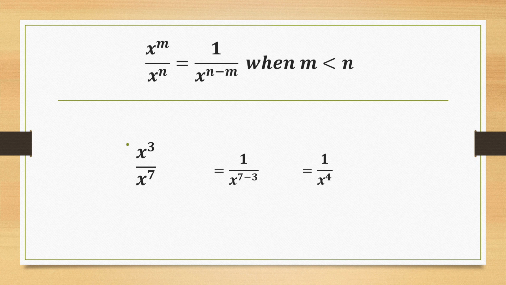The exponent of the numerator is less than that of the denominator, so we just simply do this. 1 over x raised to the power of 7 minus 3 is equal to 4, and our final answer is 1 over x to the power of 4.